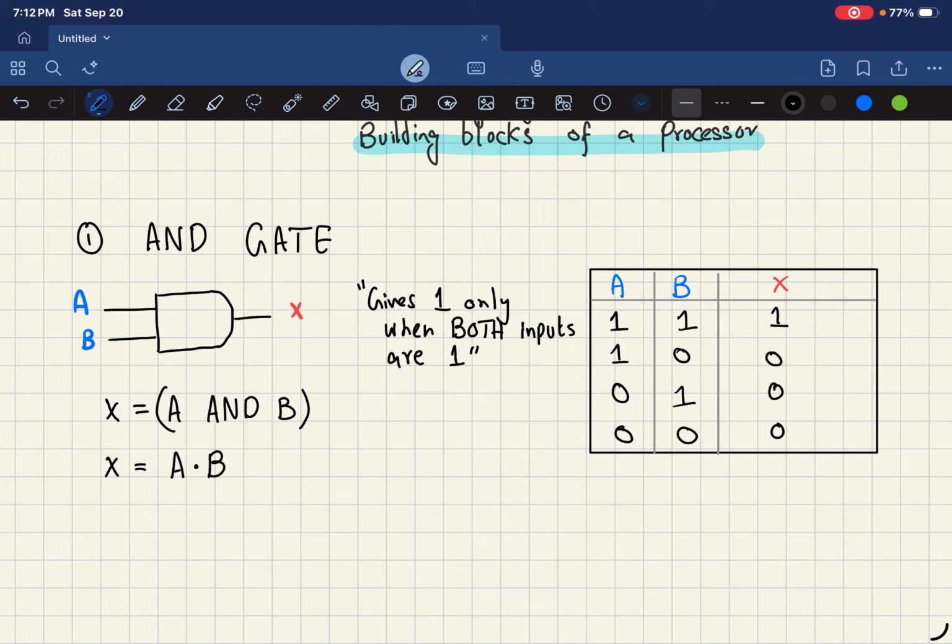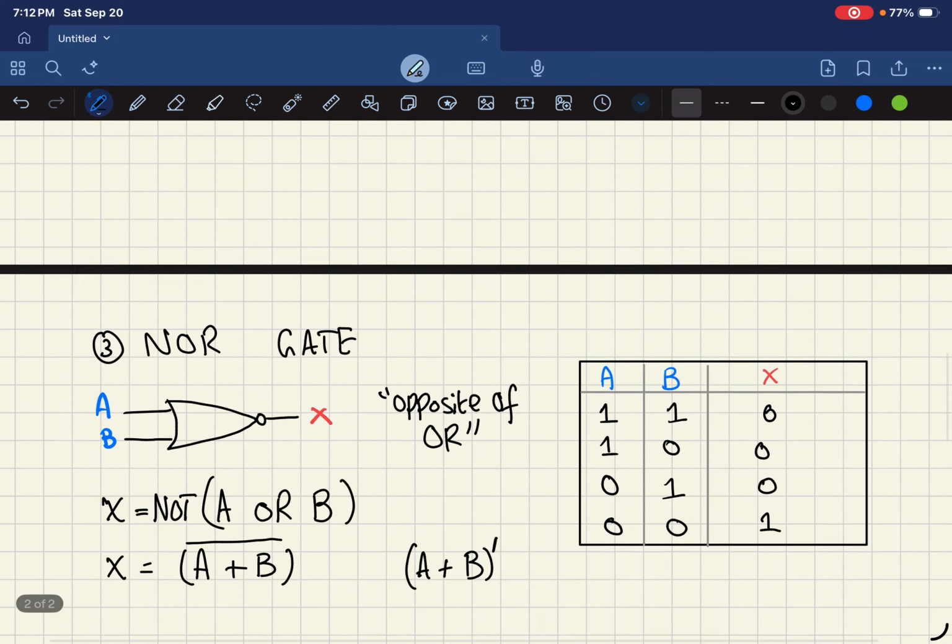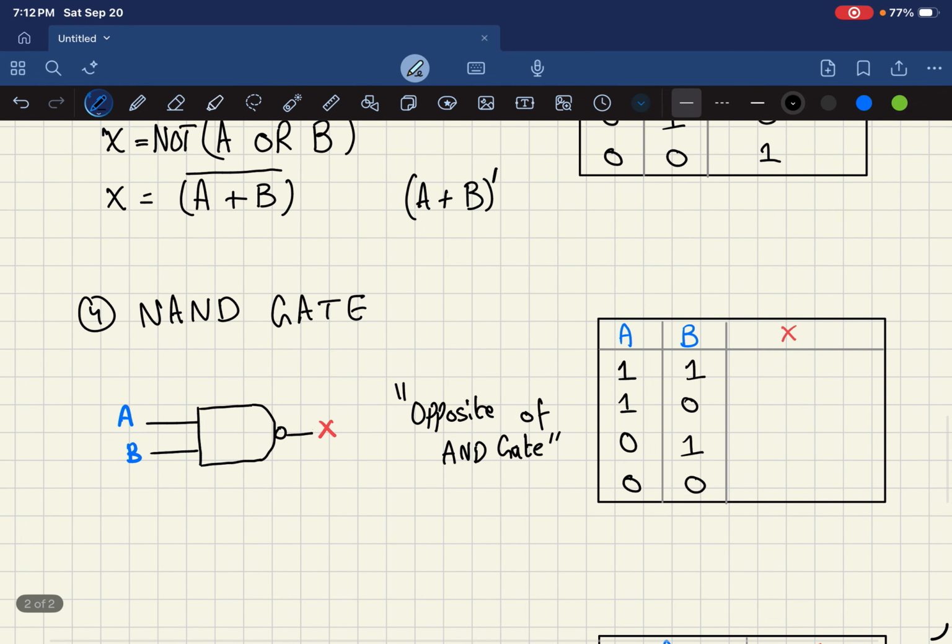So we will flip that around and say the NAND gate will give out a 1 when you have even one of the inputs as 0, and it gives out a 0 when both inputs are 1. Okay, so again, if you have memorized the logic of the AND gate, just flip it around, and then there you get the logic of the NAND gate.